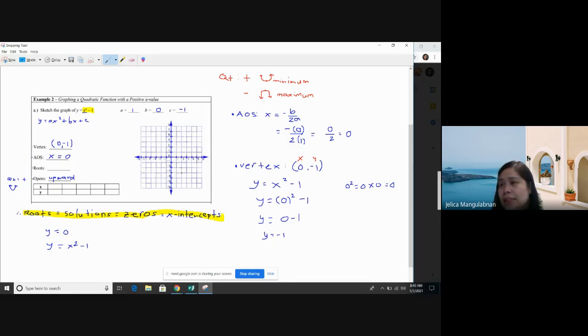You will use your knowledge from your previous math about radicals here. So if you are not familiar with radicals, make sure that you review them. Okay, so now y is equal to 0. We'll substitute y with 0, and then x squared minus 1.